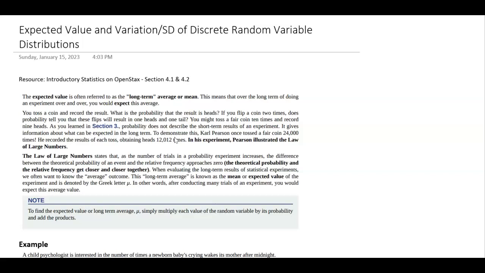Expected value is also known as the long-term average or mean. That's because we would expect this number if you were to do the experiment over and over and over again. When we find the expected value, you are also finding the mean.